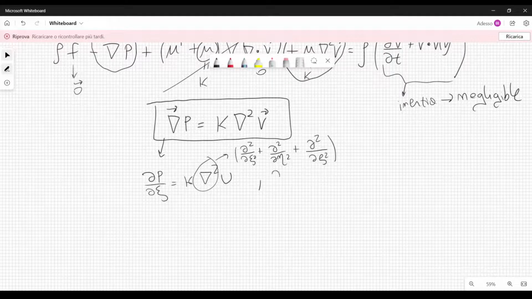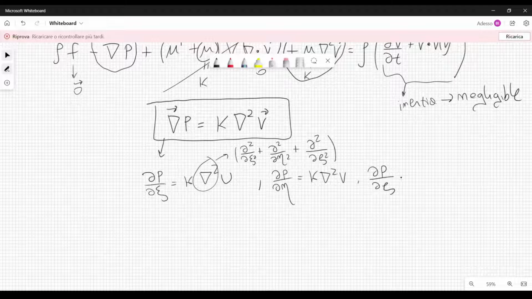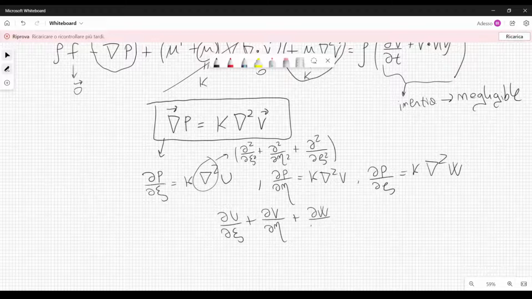And then we have dp/d eta equal to k del squared v, dp/d zeta equal to k del squared w. And we also have the condition that the divergence of the velocity is equal to 0, meaning that du/dxi plus dv/d eta plus dw/d zeta is equal to 0, like this.